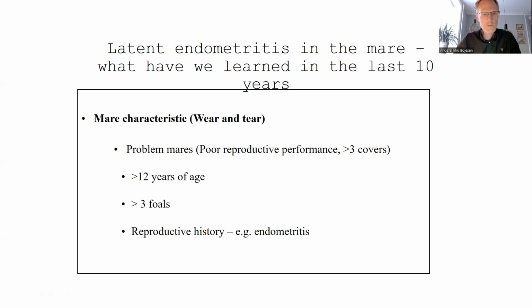So if you have a problem mare and it's either more than 12 years of age, has had more than 3 foals, and/or has a history of endometritis, then there's an 80% risk that that mare is infected with dormant Streptococci.